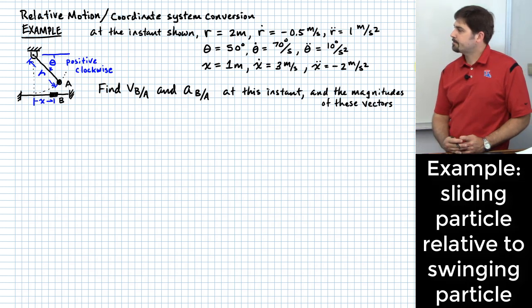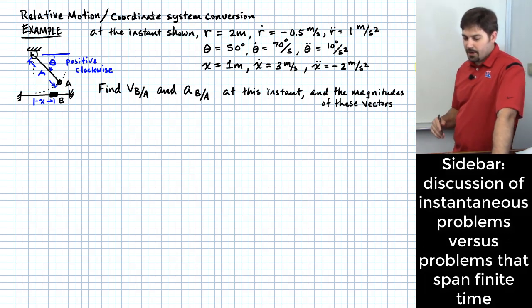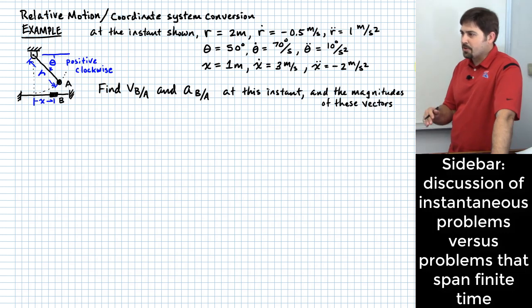Okay, and maybe I'll mention this real quick. There's a lot of times where there's two different kinds of problems that you might encounter in dynamics. One type of problem basically says, here are some parameters that you have right at this instant in time. Always look for that kind of language, like "at this instant shown."